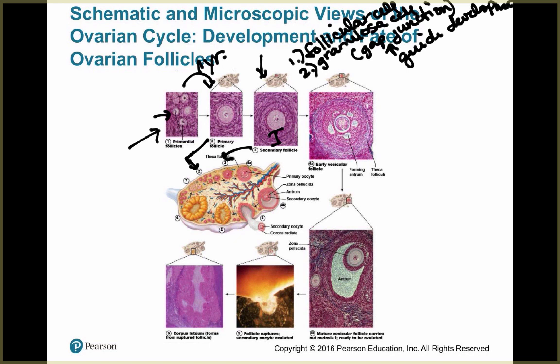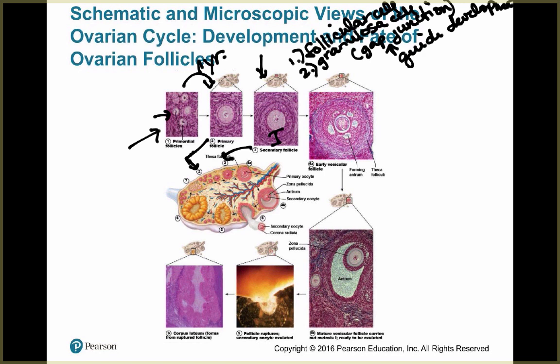Okay, and so at this point, the secondary follicle becomes a vesicular follicle. And you can tell this because you start seeing certain things forming in here. So let's look at this picture a little bit. Basically, you're going to have connective tissue, and granulosa cells are going to start condensing.